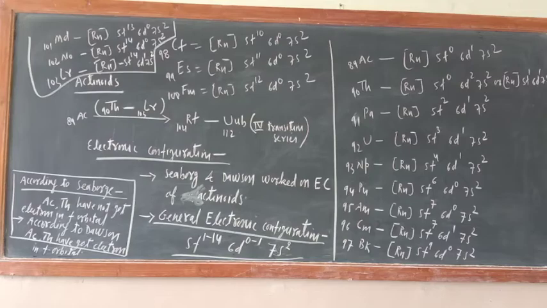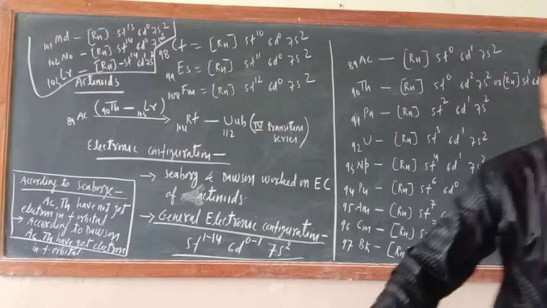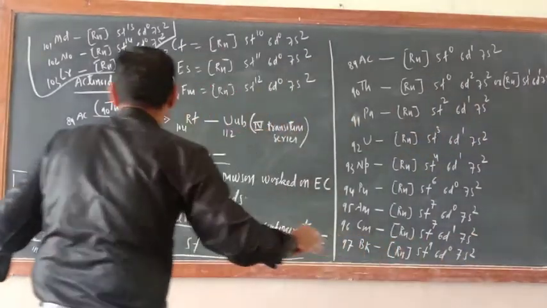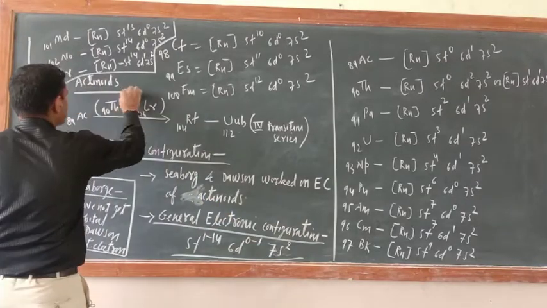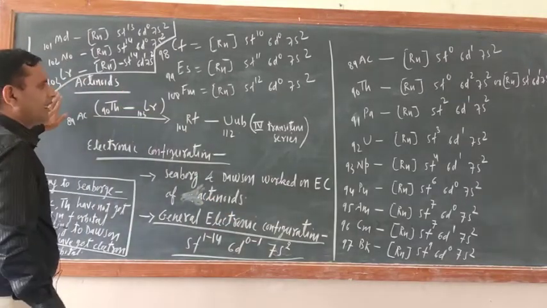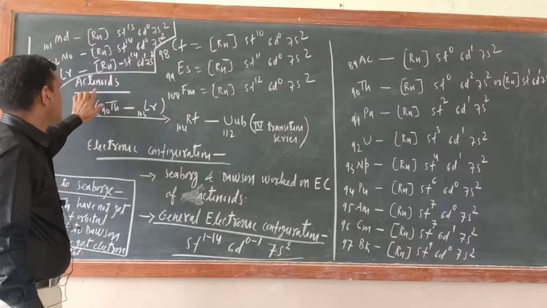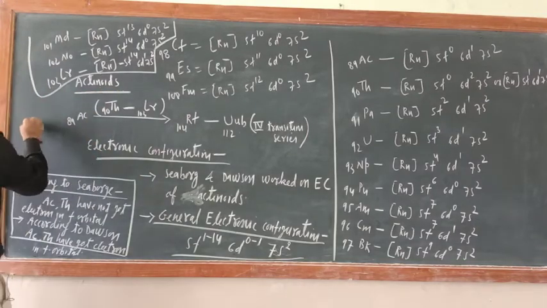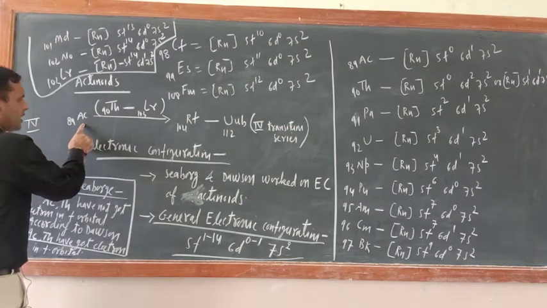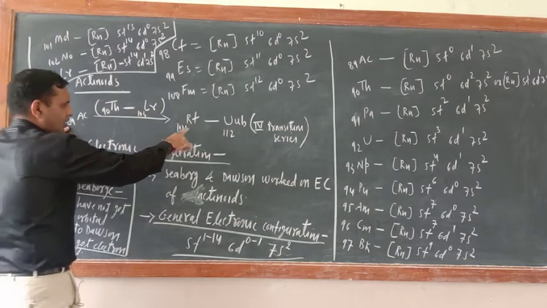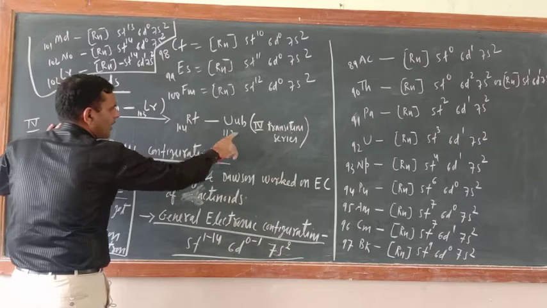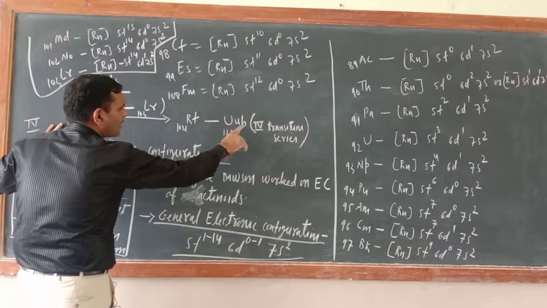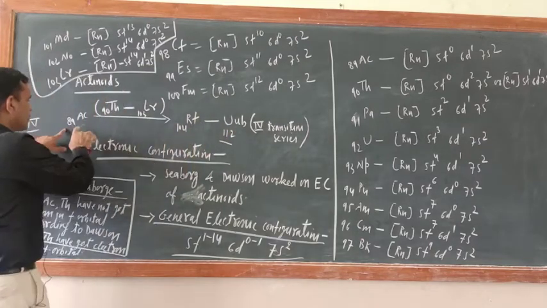So dear cadets, now actinoids. Just see, as we know, actinides are placed inside of the fourth transition series. Actinium, then Rutherfordium and so on.